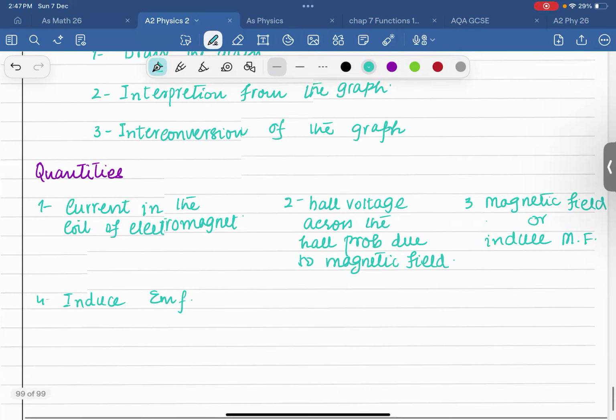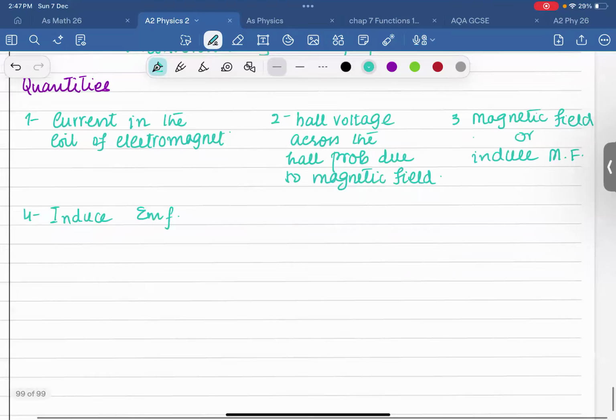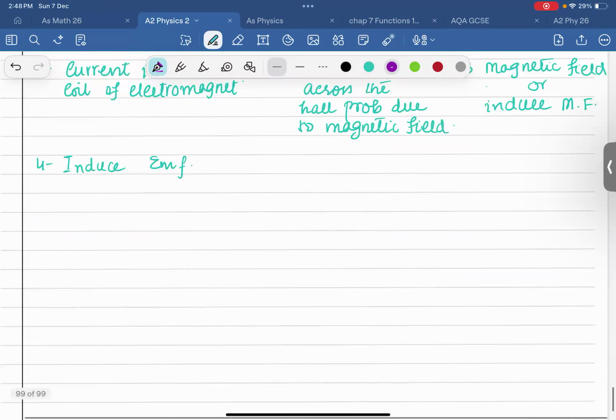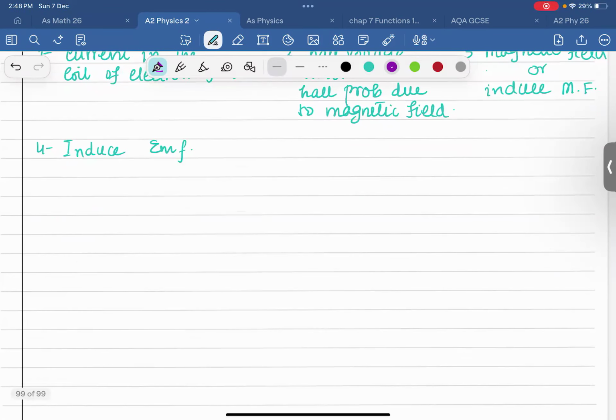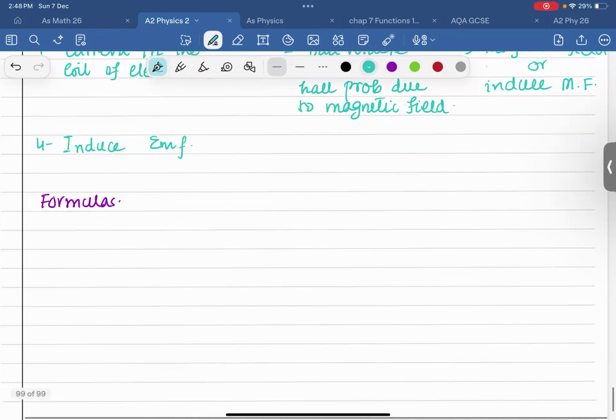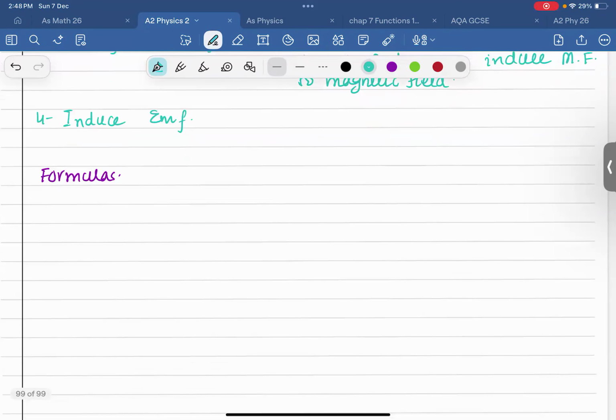And to understand the relationship, we first have to check their formulas, okay? So the first formula is B equals mu naught N I. Okay, this is the first formula. It is basically not part of the syllabus.